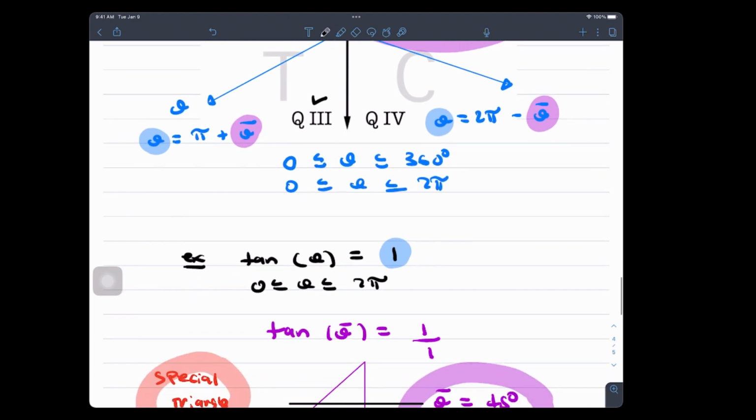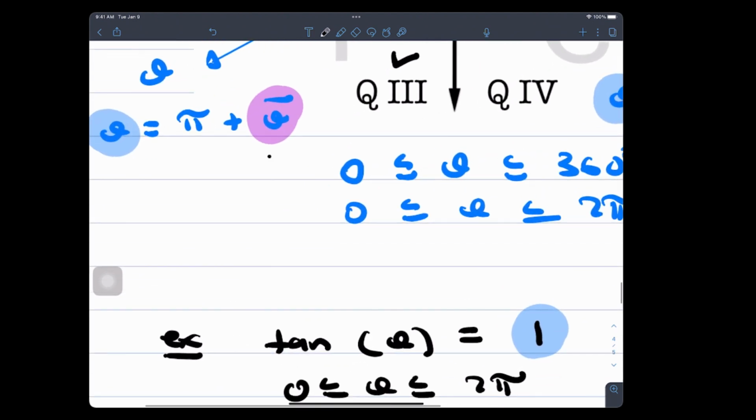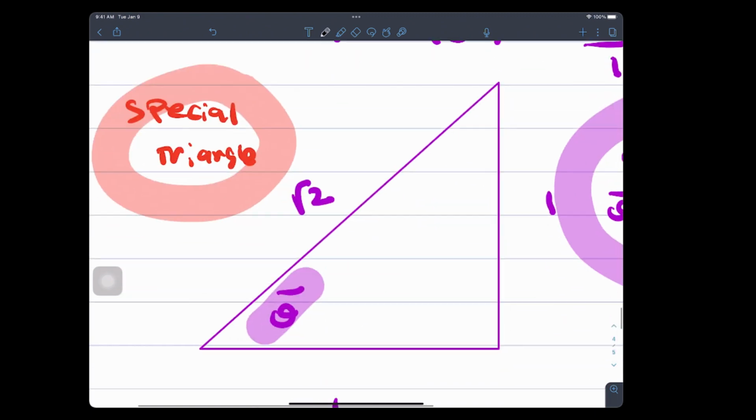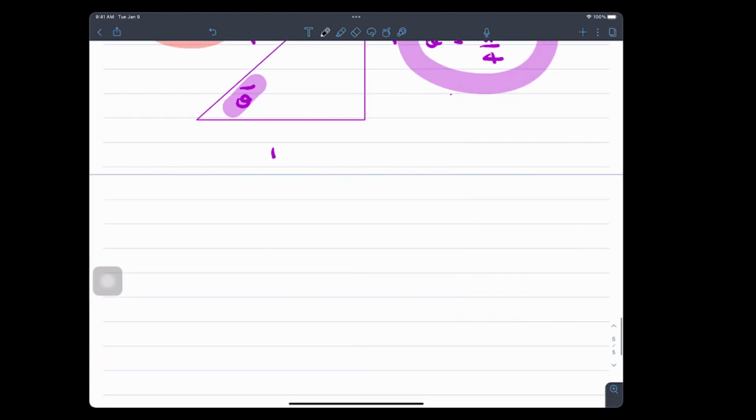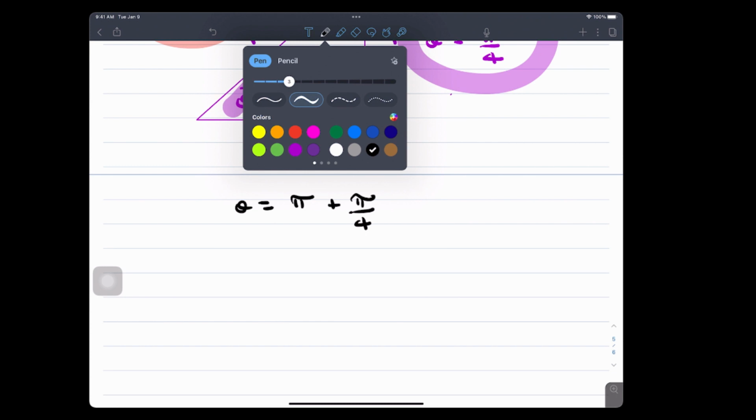Okay, so then how do we get our answer? It's pi plus what? Pi over 4. So the second solution is going to be here. You say, oh, that's going to be pi plus pi over 4. Well, do some arithmetic.